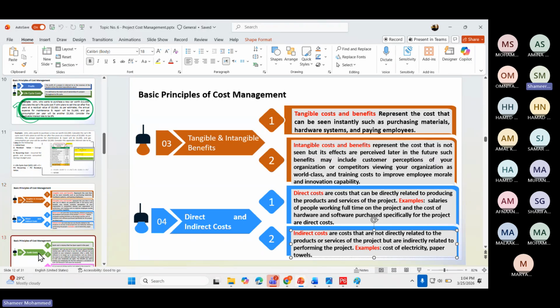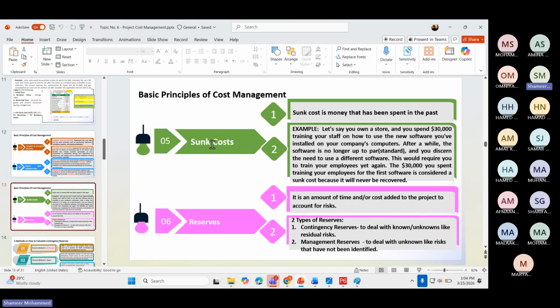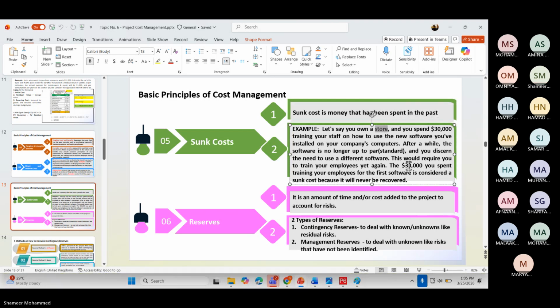Another term you should understand is sunk cost. Sunk cost means the money which is already lost, already spent in a past project. Let us say that you are having a shop. You spend $30,000 training your employees on how to use the new software you have installed on your computers in the company.